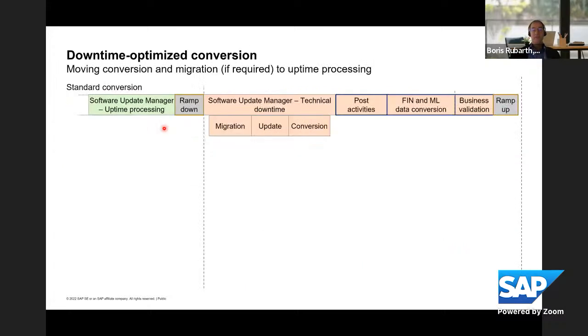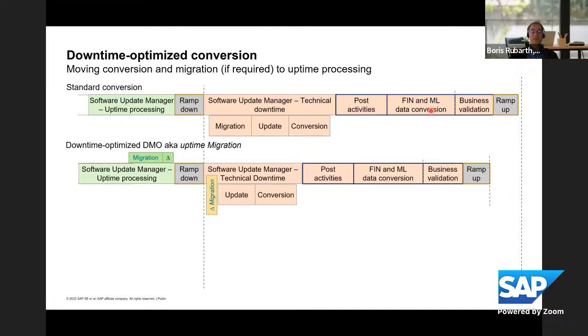They are listed here on the following slide. There is the standard conversion approach that we have already discussed, with downtime parts like migration, update, and conversion, partially executed by the Software Update Manager and partially executed afterwards in the IMG.